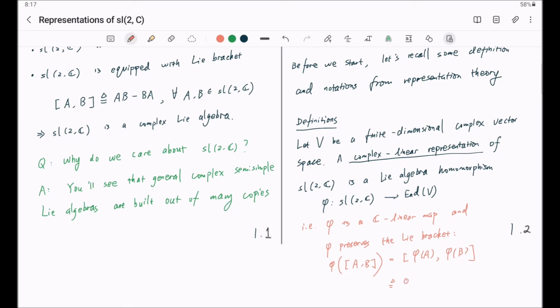It will be phi of A composed with phi of B minus phi of B composed with phi of A. This is an explanation for this Lie algebra homomorphism.